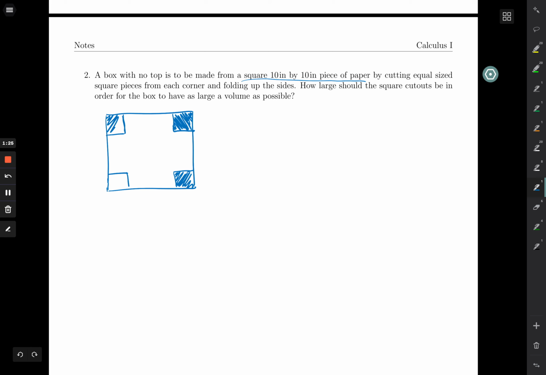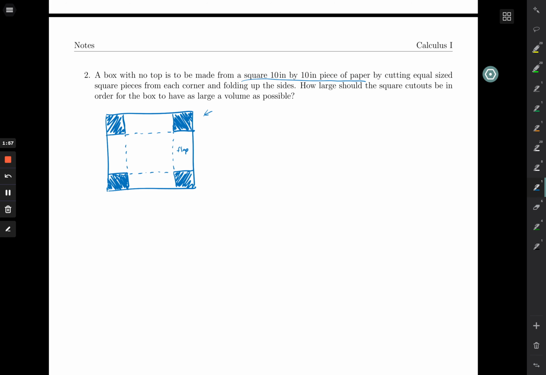And then once we do that, we would take our piece of paper and fold it along these dotted lines that I'm going to draw here. And then you can imagine each of these flaps. So this is a flap here, and then there's 3 more, folding each of those flaps up vertically. So if you're imagining this piece of paper lying in a plane facing you, you fold those flaps towards yourself, and you would form a box.